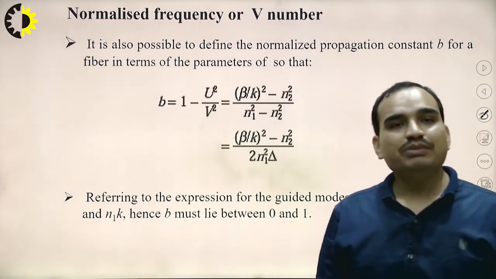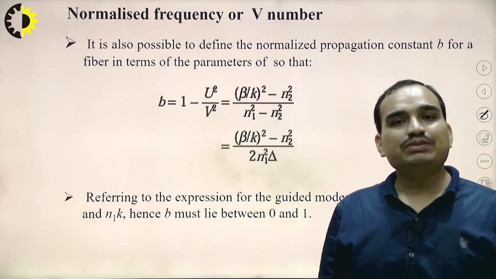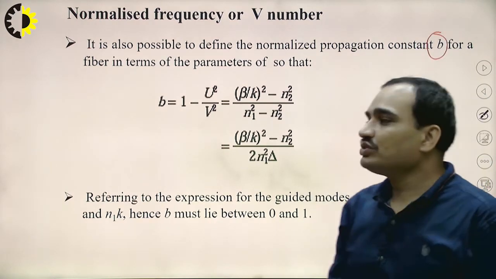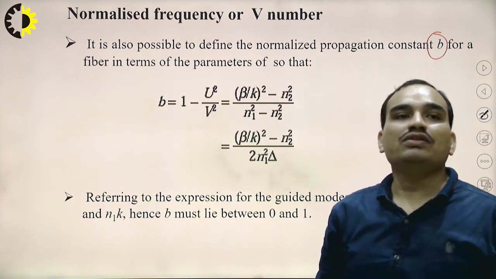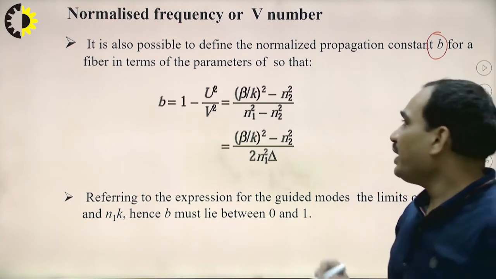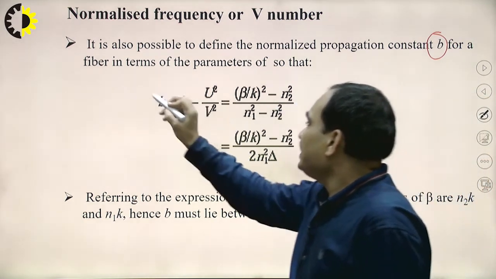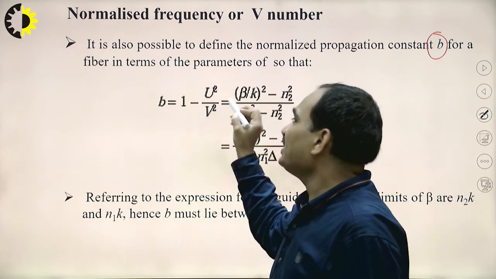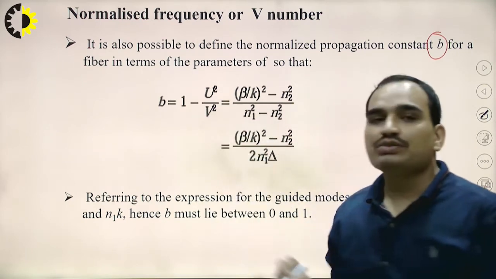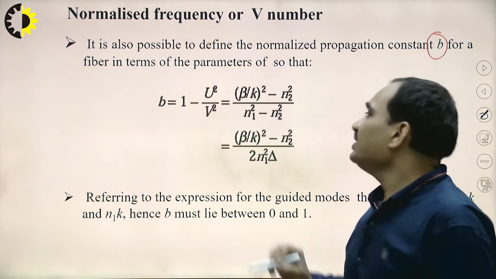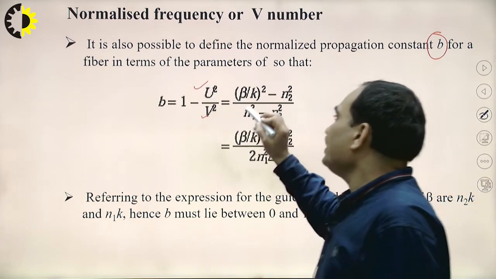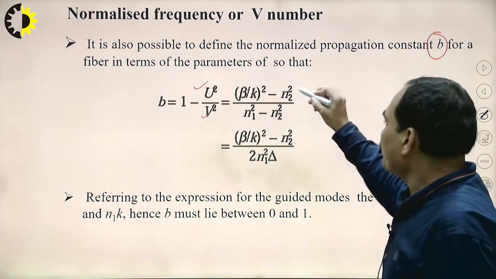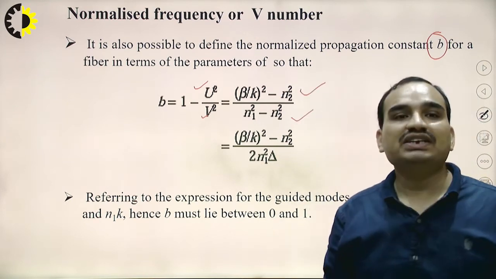So it is possible to define the normalized propagation constant b. We represent the normalized propagation constant by small b for a fiber in terms of the parameters U and V, that is b equals 1 minus U square by V square. Substituting the values of U and V in the formula, we get b equals (beta by k) whole square minus n2 square, divided by n1 square minus n2 square.